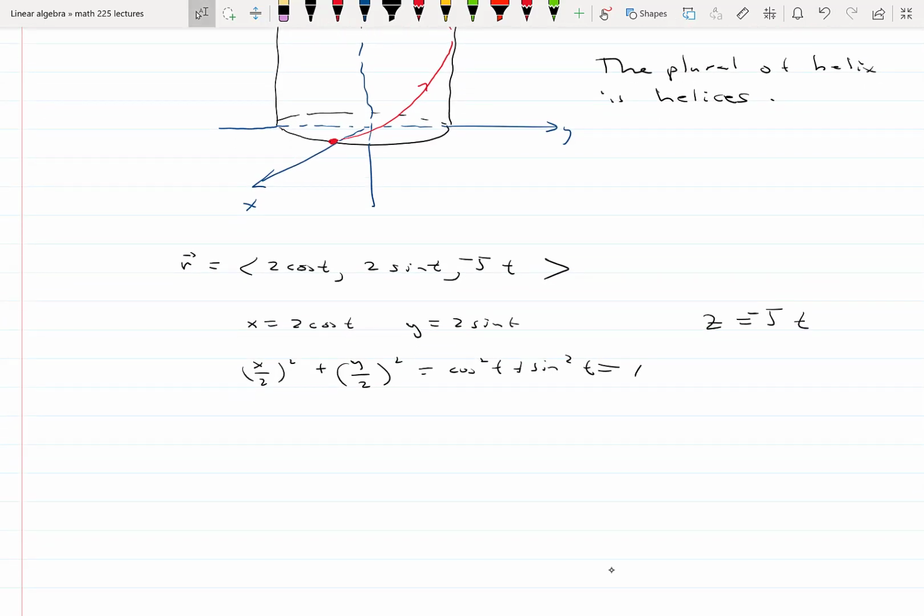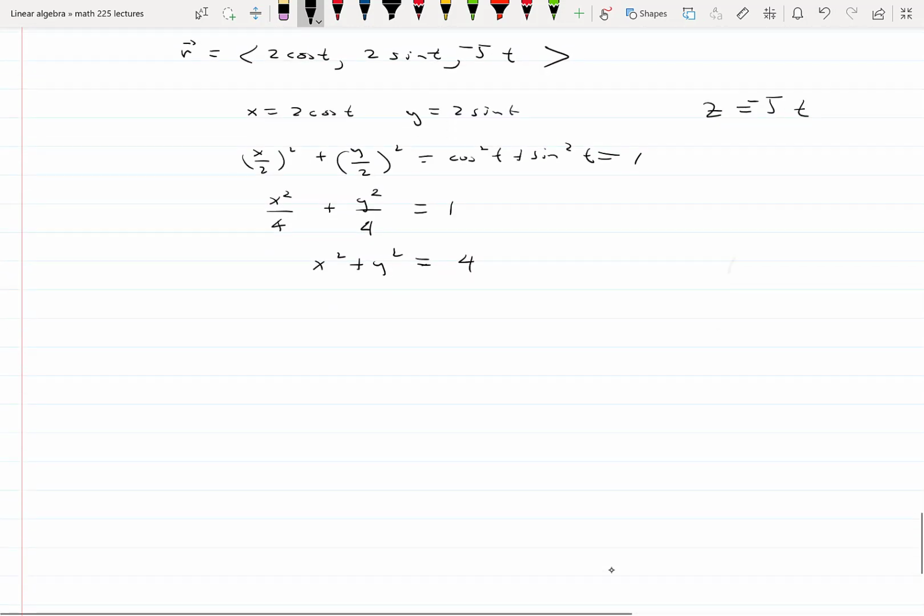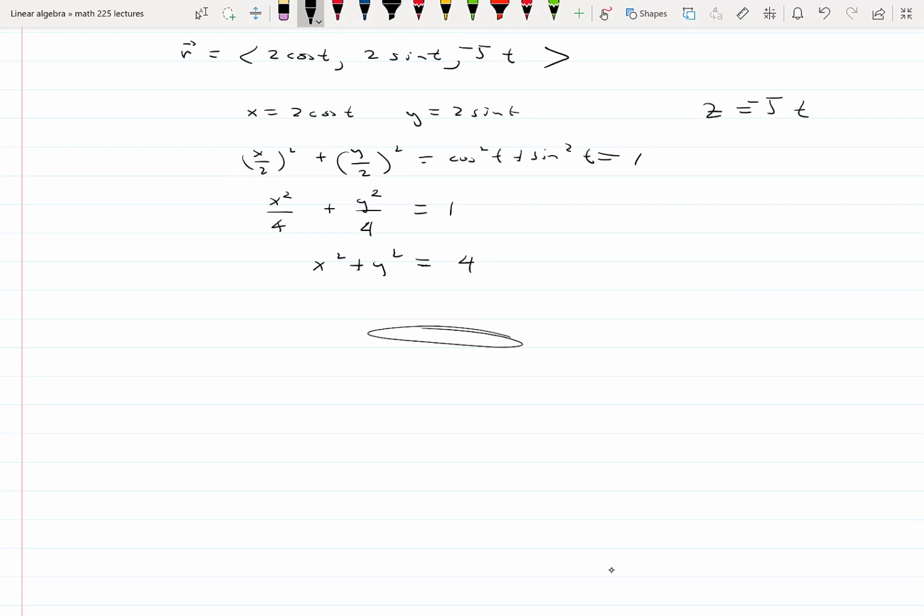So the curve lies on a circle again, a circle of radius 2. So actually even better, the curve lies on a cylinder, a vertical cylinder of radius 2.